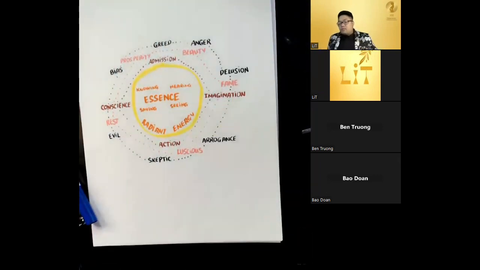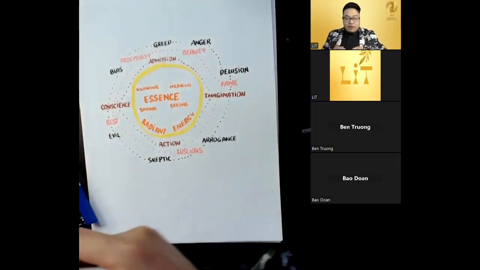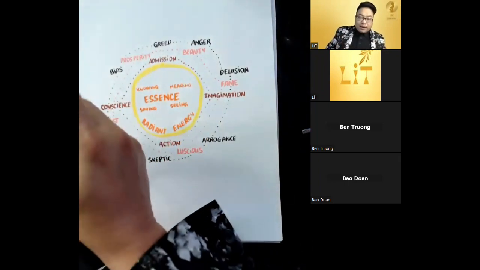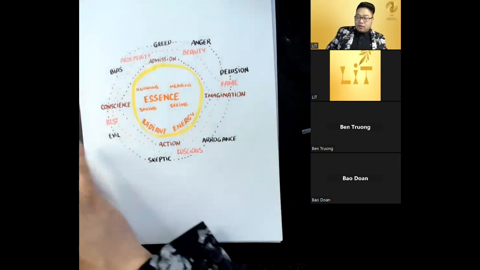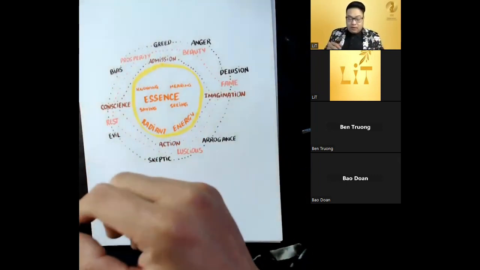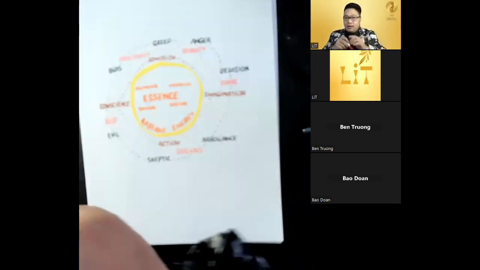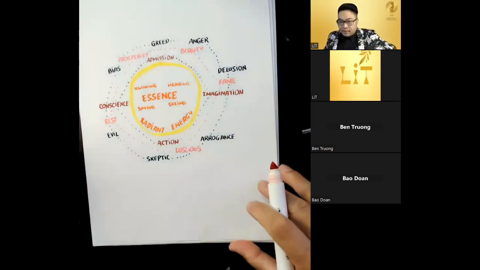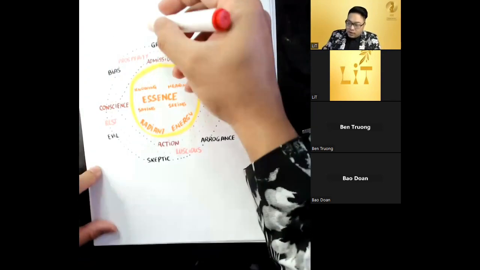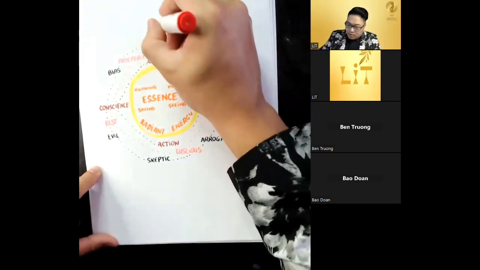And all of this emotion, all of these inner layers, is surrounded by electromagnetic energy. There's positive and then there's negative. So let's start out with red, a positive energy surrounding this.